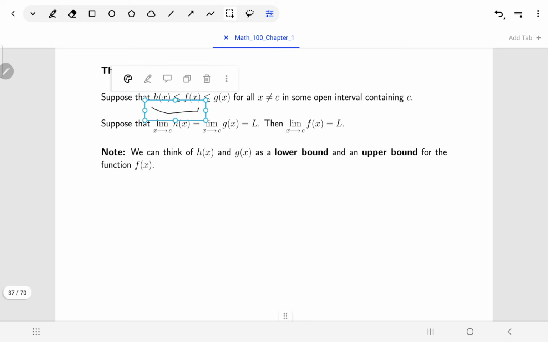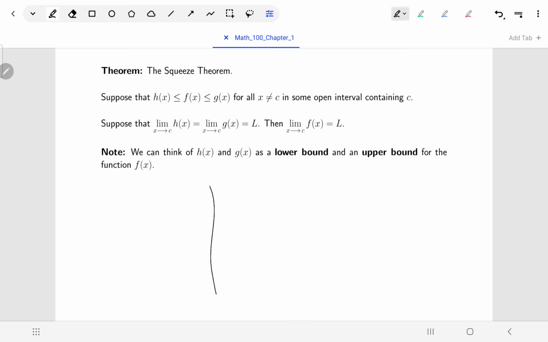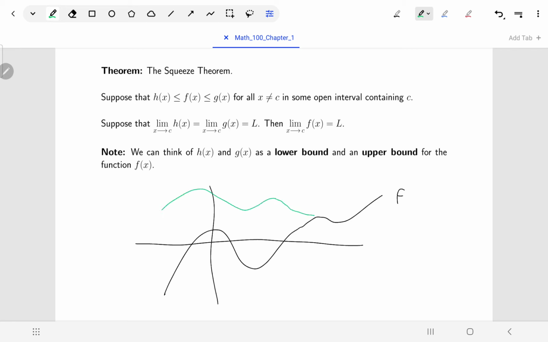If you were looking at the graphs of them, they might occasionally touch each other. So you could have, for example, f of x being this function and maybe g of x, I'll have g in green. G of x is always above, maybe sometimes touching, but always above it. And that h of x is always below it, maybe sometimes touching.